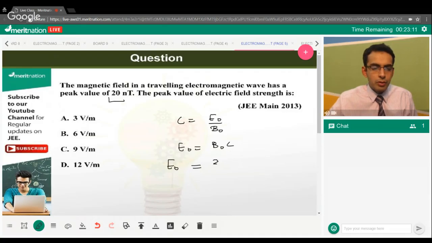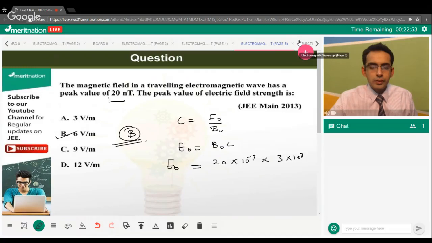B is 20 nanotesla, that means 20 into 10 raised to power minus 9, and C is 3 into 10 raised to power 8. Multiply them and you get the answer to be 6 volt per meter. The correct answer is B. Let's move to the next question.